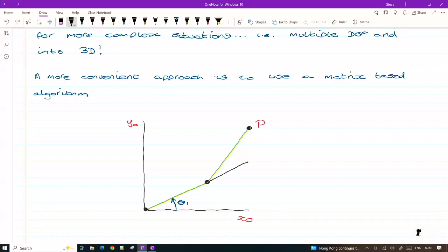The x-axis for that frame will follow the direction of the link, okay? So it'll be collinear with the link before it, and we'll call that x1, so that's frame 0 to frame 1. The X axis is collinear with the link before it.